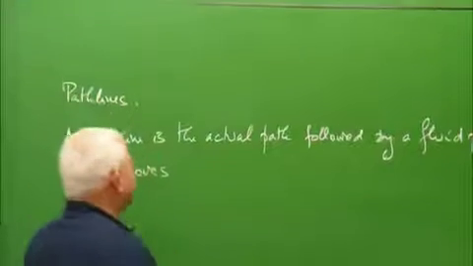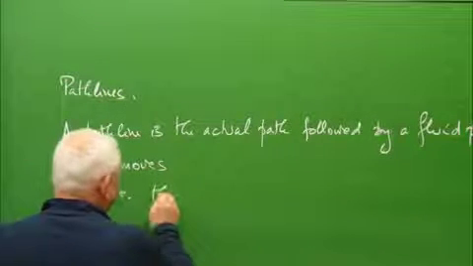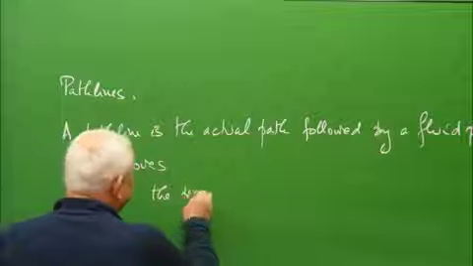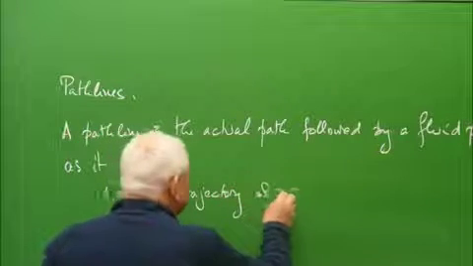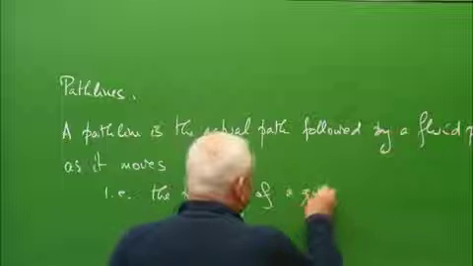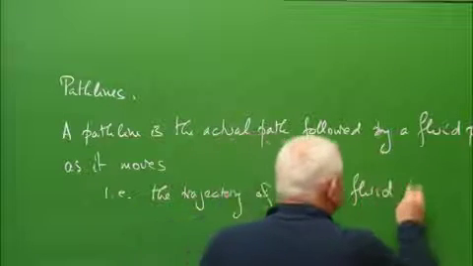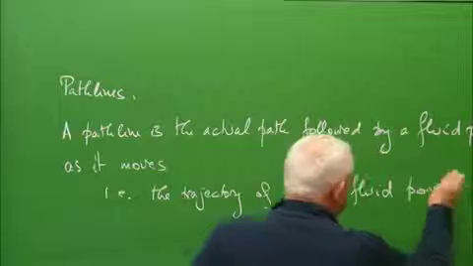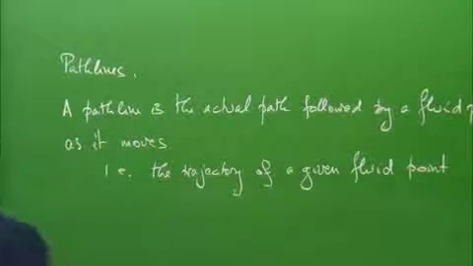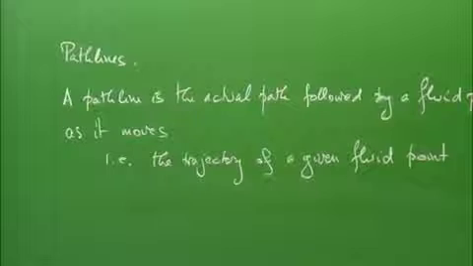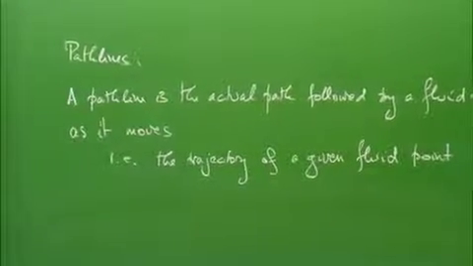Another way of saying this is that a pathline is the trajectory of a given fluid point. So this is the actual path that is traced out in space by any fluid point on which you focus your attention.